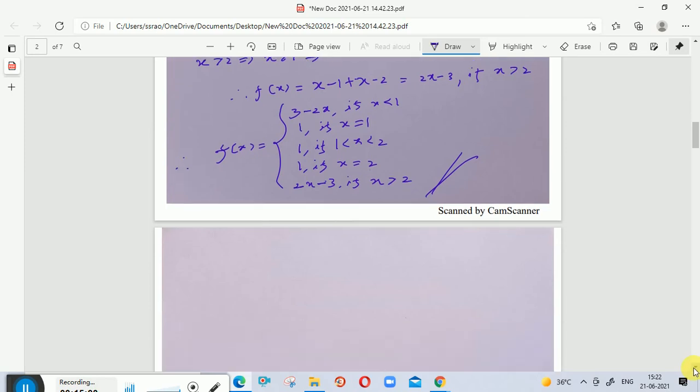Now examine the continuity of f at the points 1 and 2. Now at the point x is equal to 1, left limit: limit x tends to 1 minus f of x. x tends to 1 minus అంటే x is less than 1, x is less than 1 అయినప్పుడు f of x is equal to 3 minus 2x.